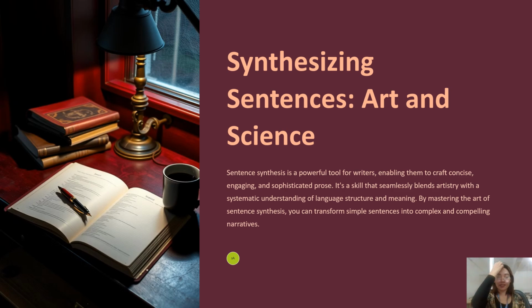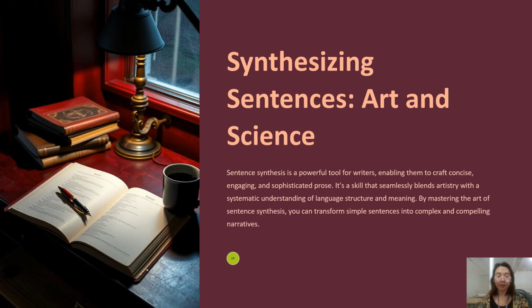Synthesizing sentences about the meaning of art and science means we combine key ideas into one sentence, no? Here, for example, when I say art, it is all about creativity and expressing our emotions. And when I say science, it's all about logic, understanding, and the natural world.